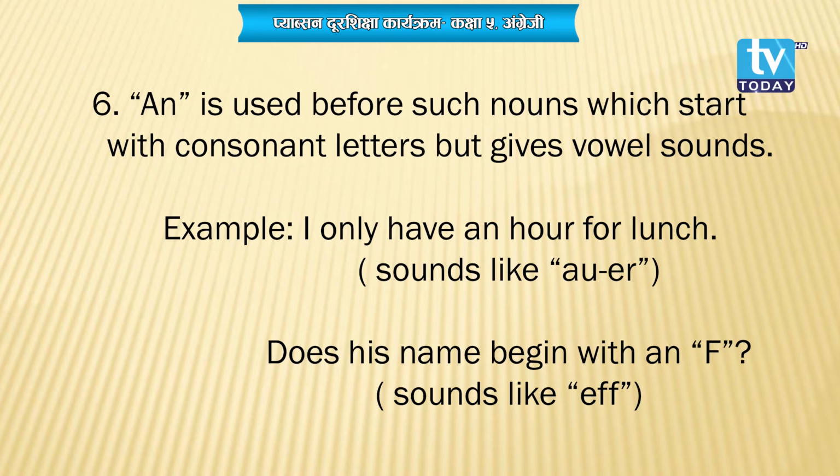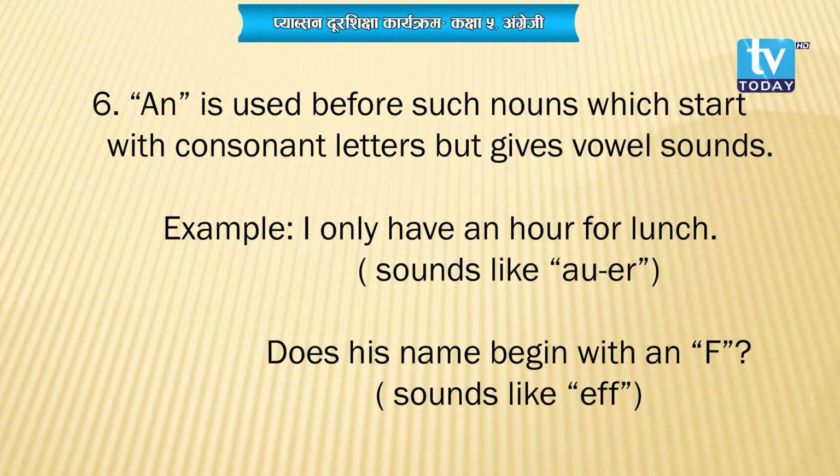But in rule number 6, we are going through a consonant letter as the initial letter, but with a vowel sound. We use 'an' before those words which have a consonant letter as the initial letter, but when speaking we get the vowel sound, either because of a silent initial letter or for some other reason.